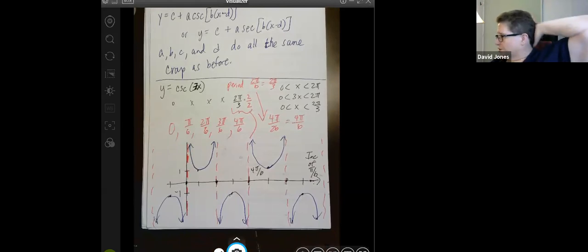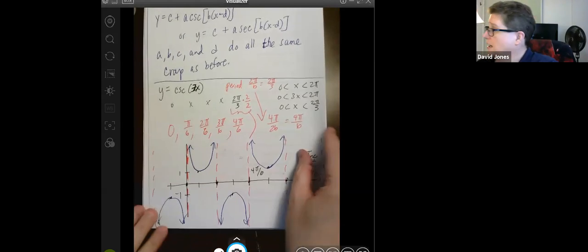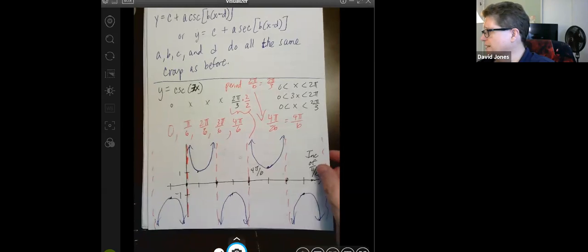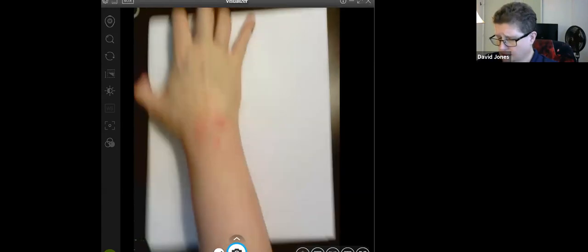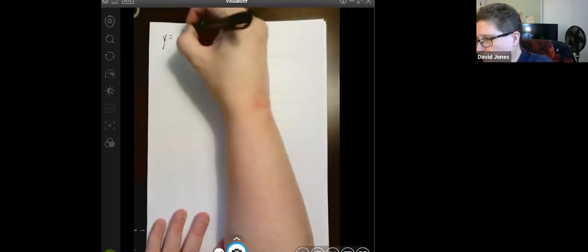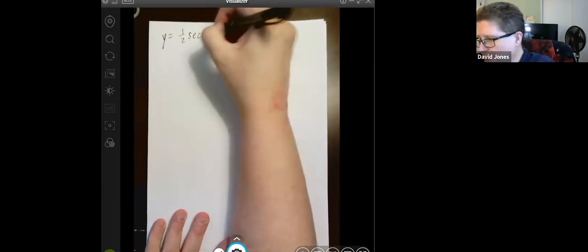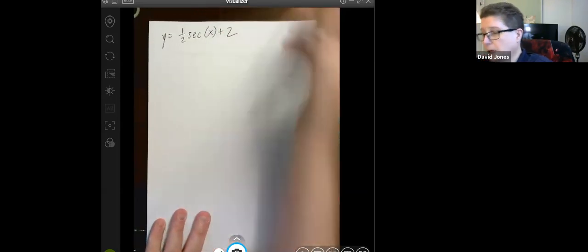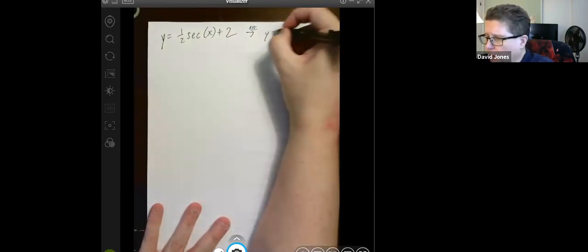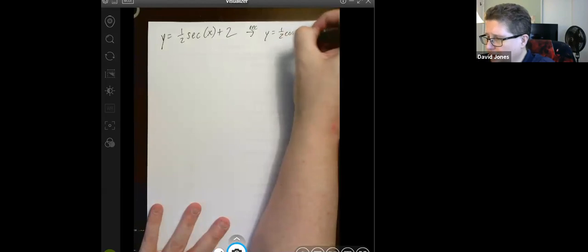Let's put it all together so you can see a full set of it. Let's do secant. I want to show the vertical shift and stuff like that. I'll ignore changing the period for now. We just changed the period. We showed how that was done. Let's take a look at y equals 1/2 of secant x plus 2. So the reciprocal function would be y equals 1/2 cosine x plus 2.